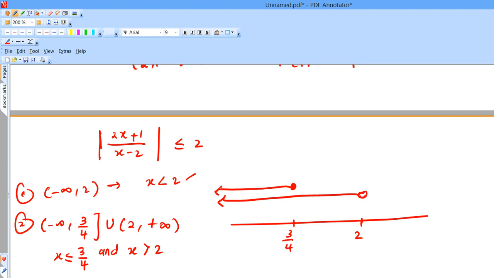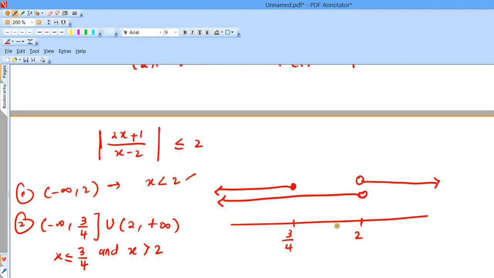And then the third one, we have x > 2 with a white dot. Based on this real number line, we will choose the interval that satisfies both rational inequalities.